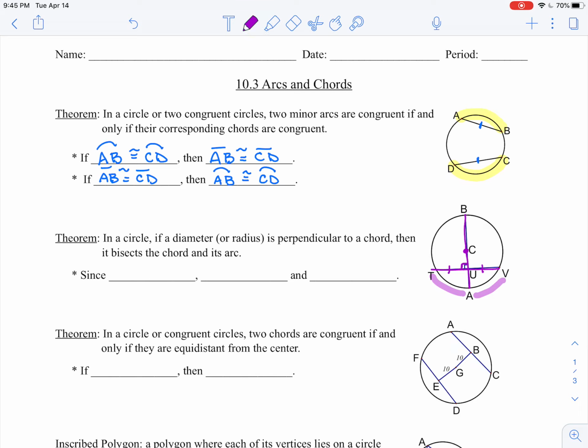So here, since I know BA is perpendicular to chord TV, there are two things we know are true. TU and UV must be congruent, and arc TA and arc AV must be congruent.